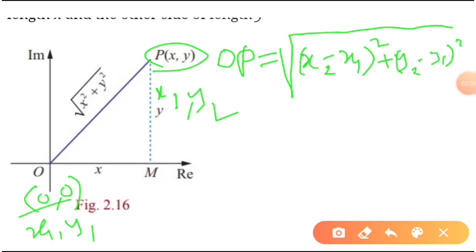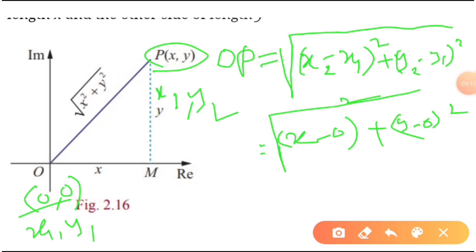So (x minus 0) whole square plus (y minus 0) whole square, that square root. Then you have x squared plus y squared, that square root.